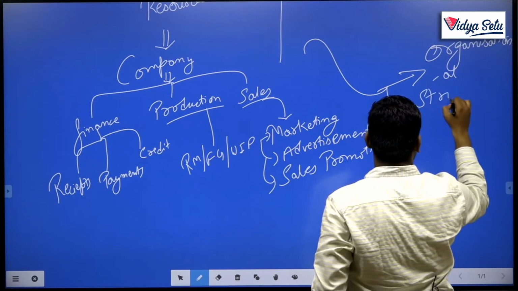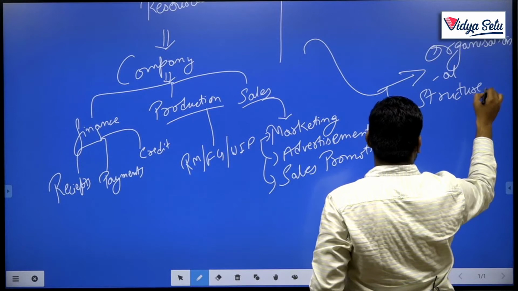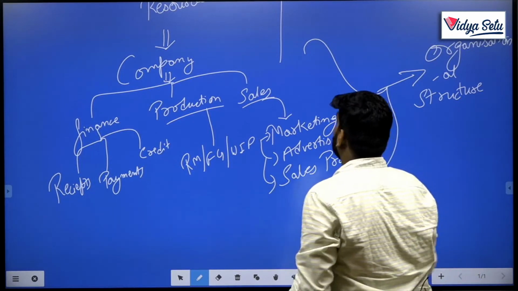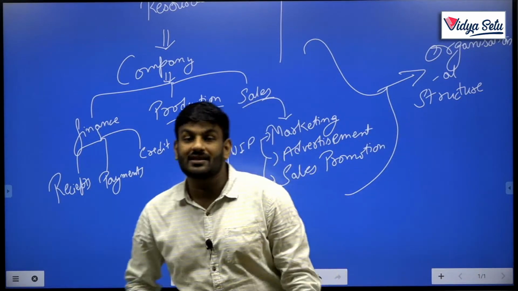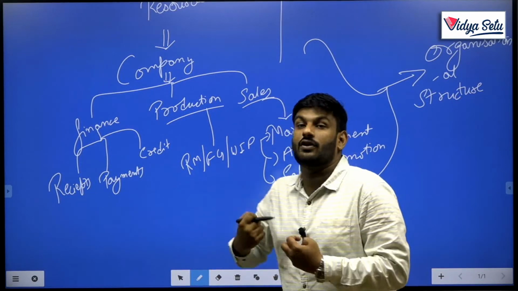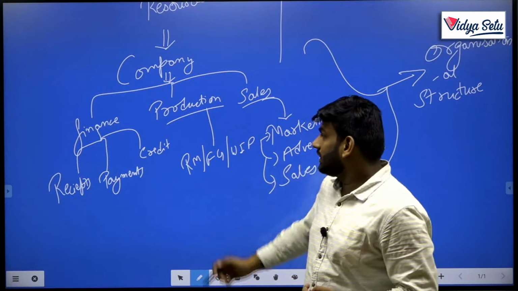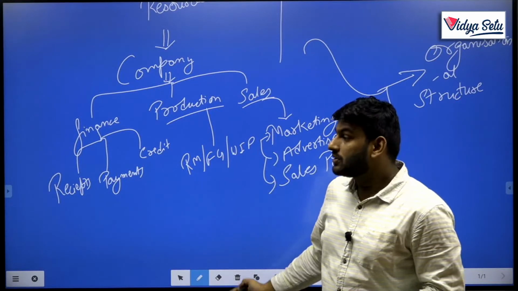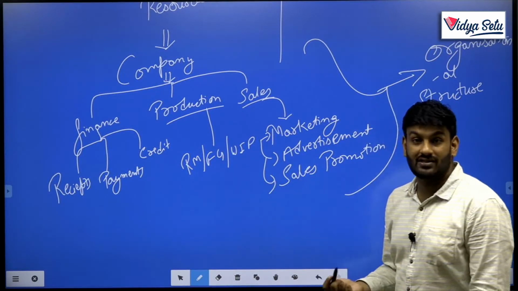My friends, we already discussed that this structure says what the work is, what the resources are, as well as who the people doing the work are. So this structure is generally known as organization structure.